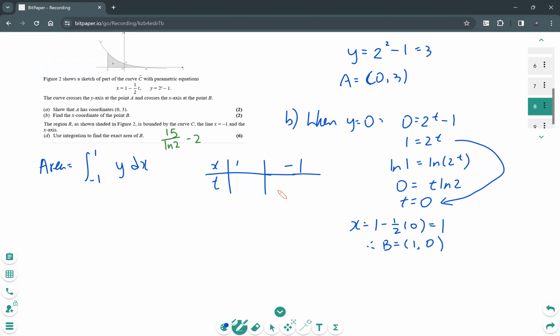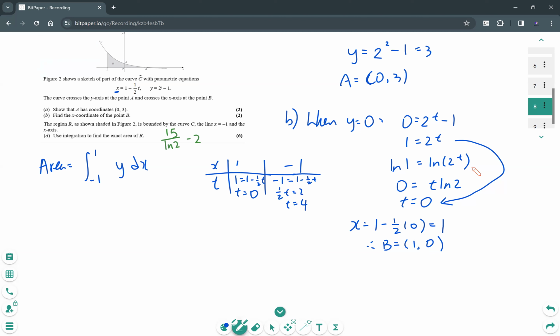So when x equals 1, 1 equals 1 minus a half t. So again, don't substitute in the wrong place. You substitute the value of x, not the value of t. So you do that, and you should get t equals 0. And then when you substitute x equals -1 in there, -1 equals 1 minus a half t, so t equals 2, t equals 4.